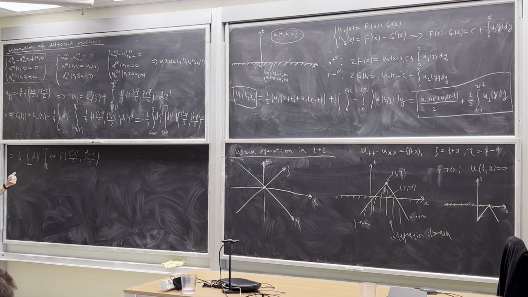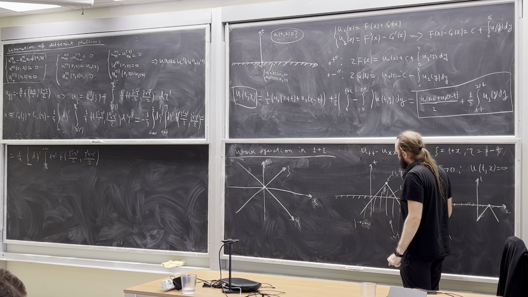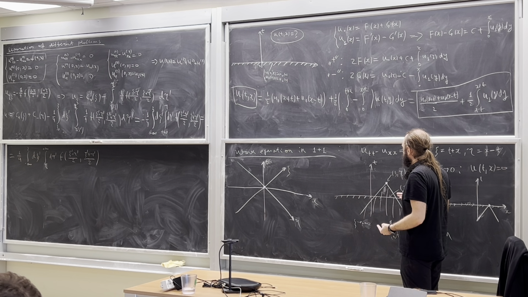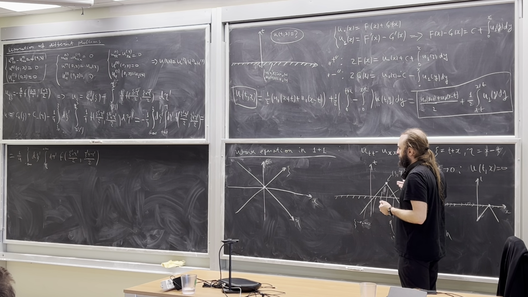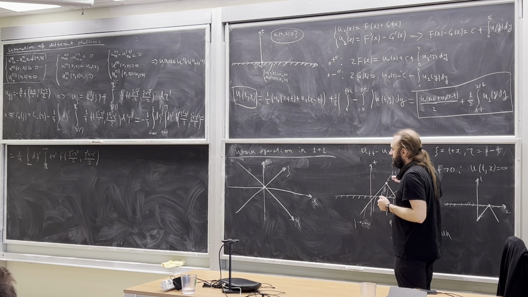So, the integration domain in t prime starts, in principle, from minus infinity, but since we are studying this equation for positive t's, we can restrict this integration domain by 0.